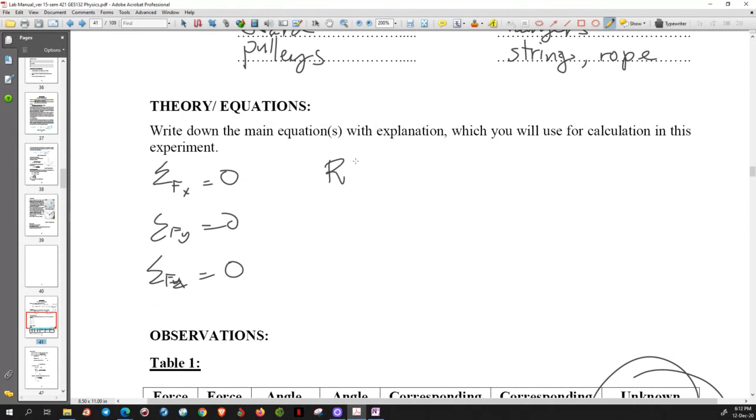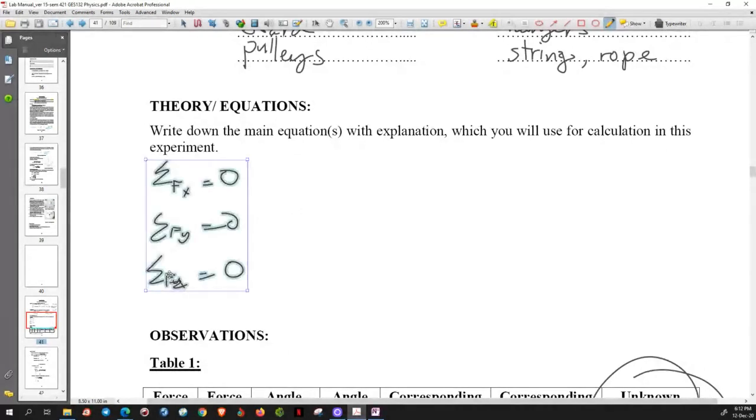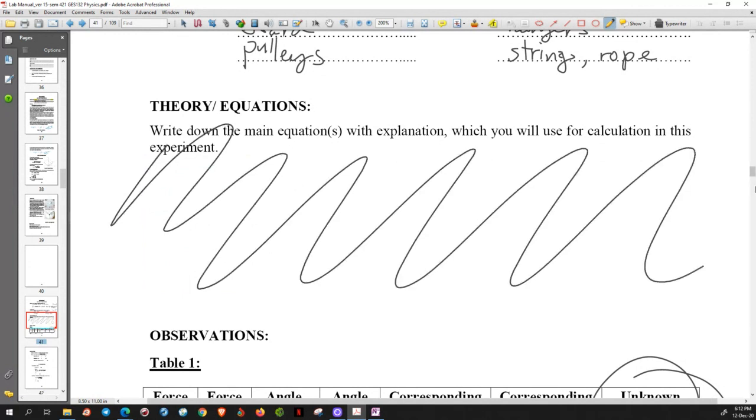What else? Finding the unknown mass, R is equal to the square root of T1 squared plus T2 squared plus 2 T1 T2 cosine theta. What else? Finding the value for alpha, which is tangent raised to so many rules. You don't have to memorize them, but you must know how to use them. So in the exam, this part is not included. You don't need to memorize the rules. Okay, now let's continue.